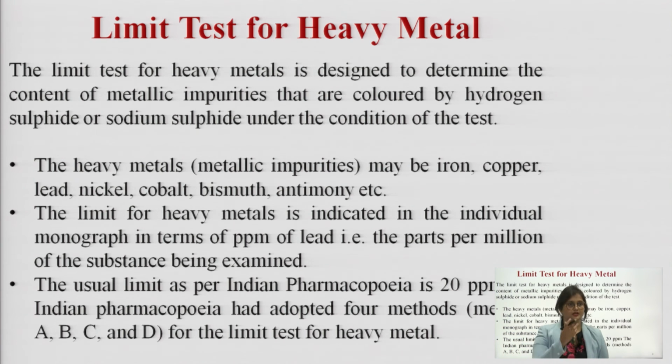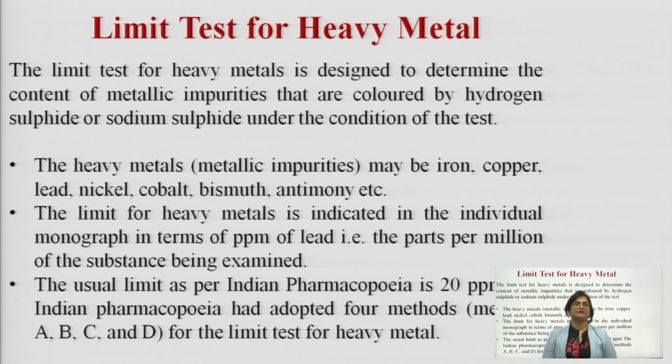Now, the limit test for heavy metals is designed to determine the content of metallic impurities that are colored by hydrogen sulfide or sodium sulfide under the condition of the test. The heavy metals are mostly metallic impurities. They may be iron, copper, lead, nickel, cobalt, bismuth or antimony.